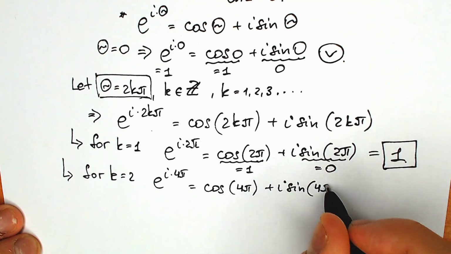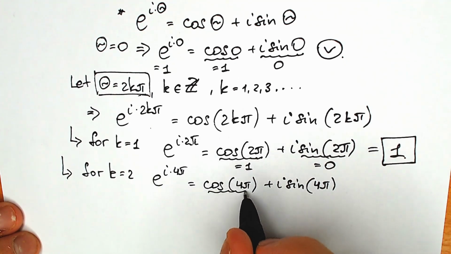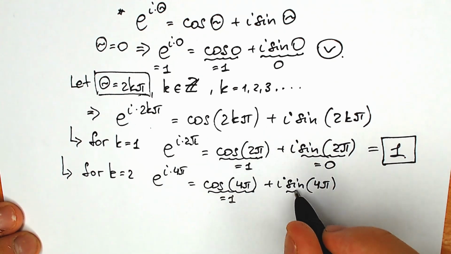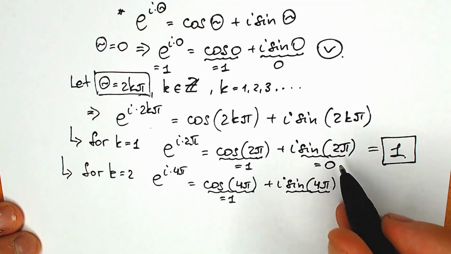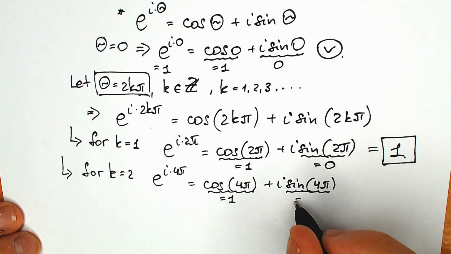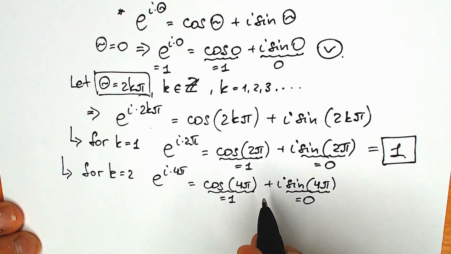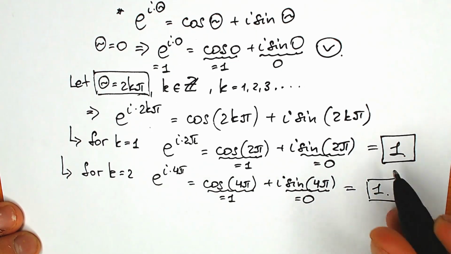And if you look closely, we have the same period, because cosine 4 pi has the same value as cosine 2 pi, which is 1, and sine 4 pi has the same value as sine 2 pi. It just depends on the period, but the meaning is absolutely the same, equal to 0. And if we add it, we have 1 plus 0 equal to 1. Just keep in mind this one as well. We have 1 right here, 1 right here.